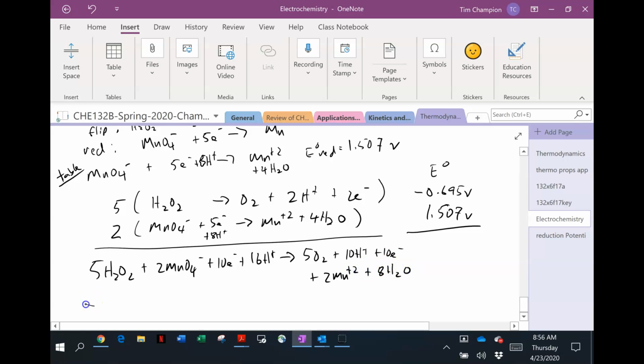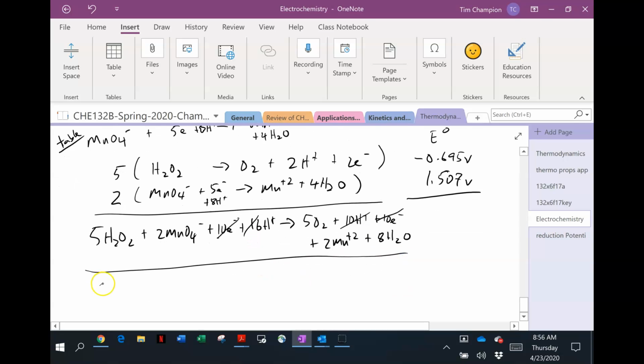If we cancel out some things, the electrons can cancel out. 10 H pluses cancels out 10 of those H pluses. We wind up with 5 H2O2 plus 2 MnO4 minus plus 6 H plus goes to 5 O2 plus 2 Mn plus 2 plus 8 waters.